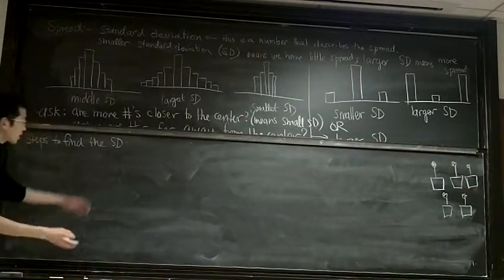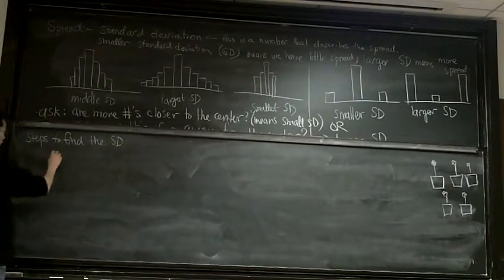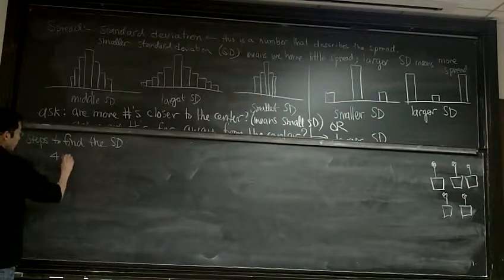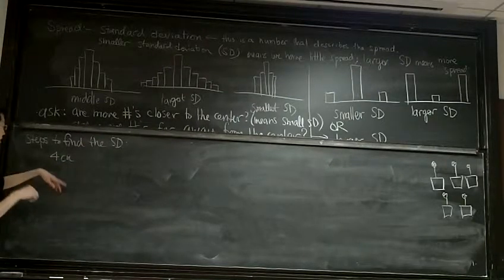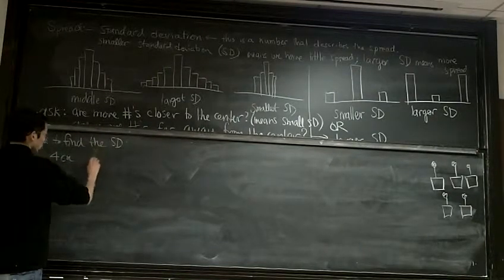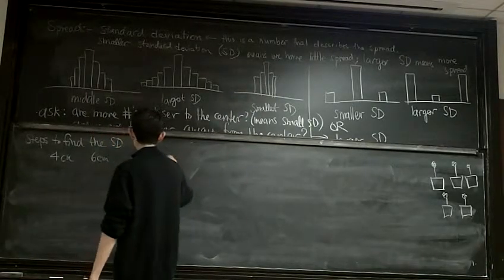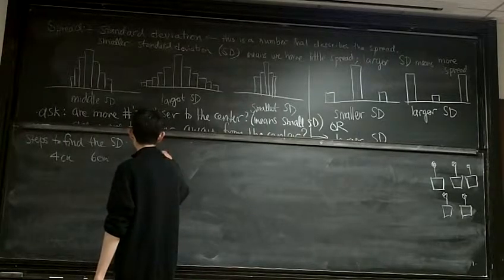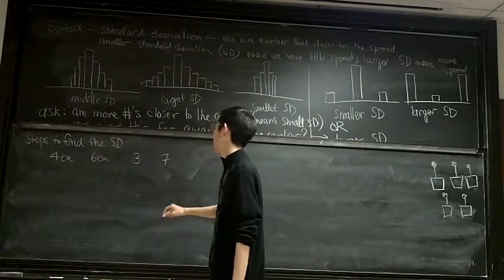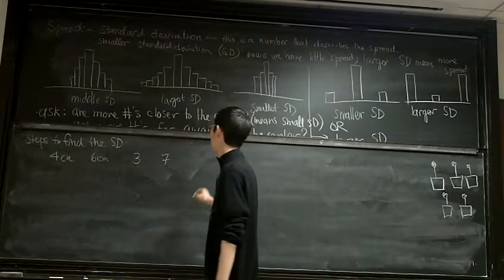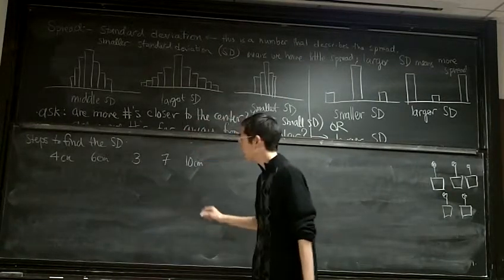These are the measurements we come up with, all in centimeters. One plant grew 4 centimeters, another grew 6, another grew 3, something else grew 7, and one of them grew 10 centimeters.